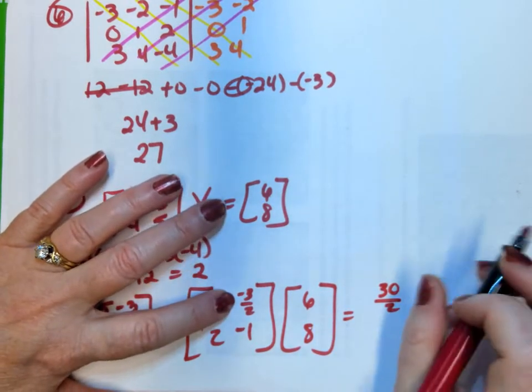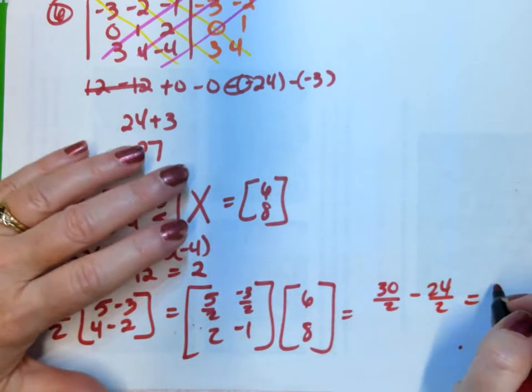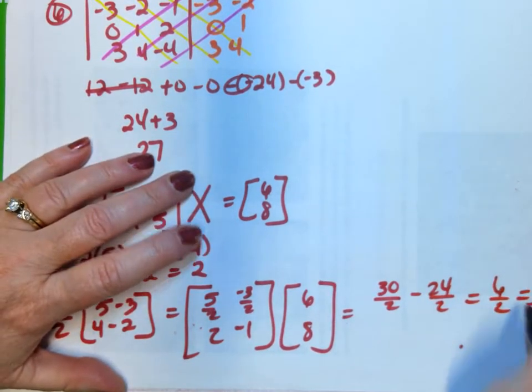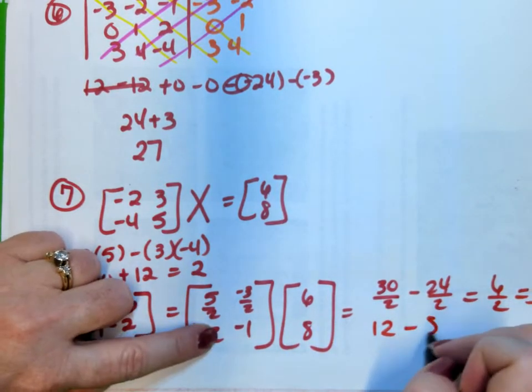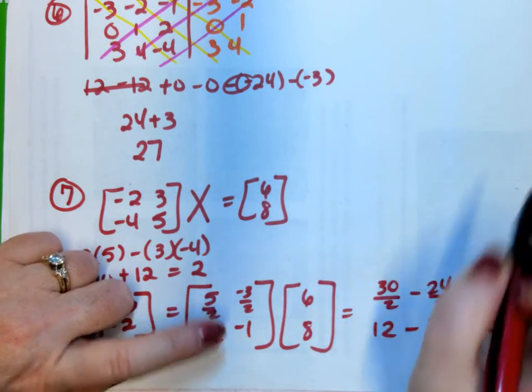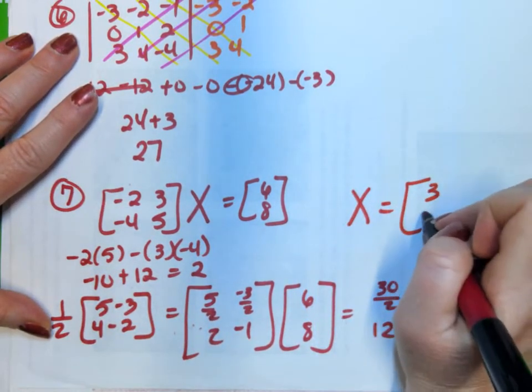Negative 3 times 8 is negative 24 over 2. Leaves me 6 over 2, or 3. And 2 times 6 is 12, minus 8 leaves me 4. So my final solution for matrix X is 3, 4.